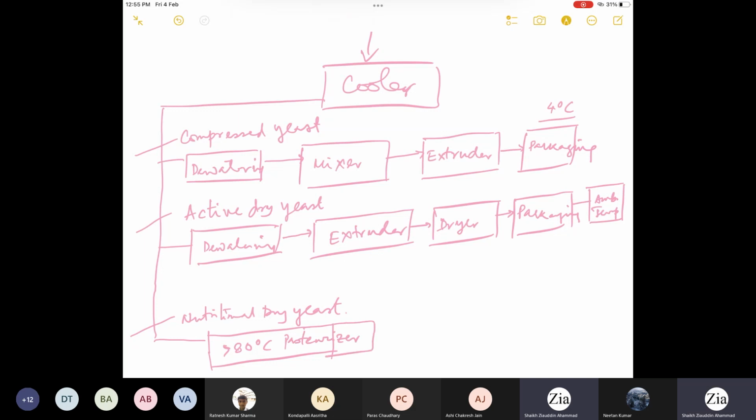And after pasteurization, we use a little bit different equipment, a drum dryer, which we will discuss also, where you can supply a little bit of heat. And then you have a grinder, because we are trying to get extract. So we get the powder from the grinder, and then we send it for packaging.